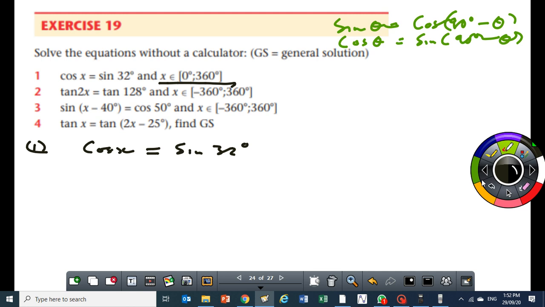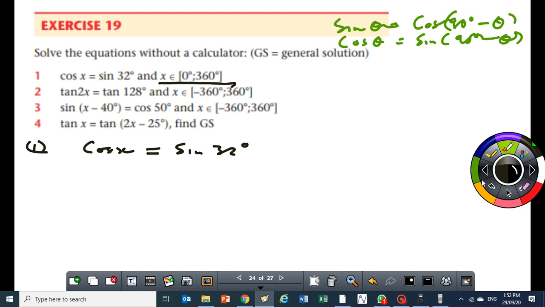So it's your choice now. If you decide to use co-ratios, it's your choice whether you want to convert the cos to sine or the sine to cos. You still get the same answers. For me, I'm going to convert the sine to cos.